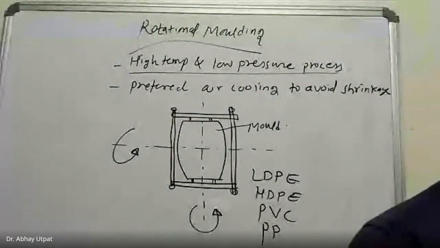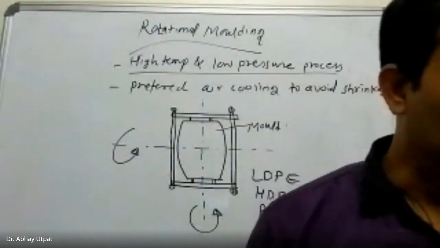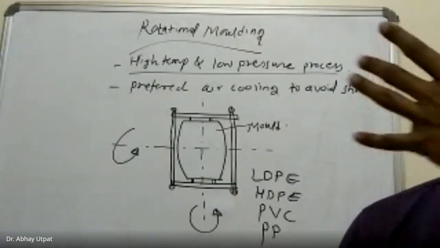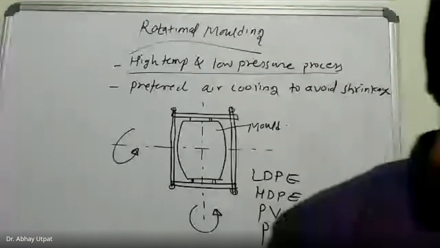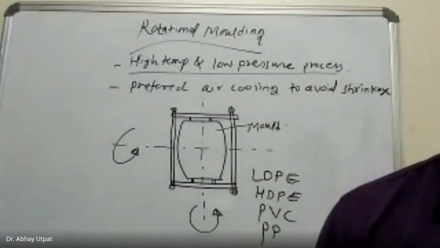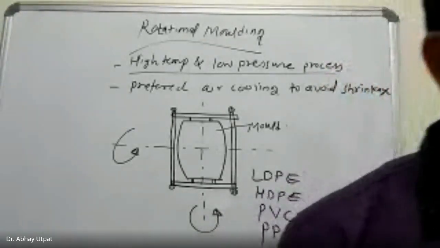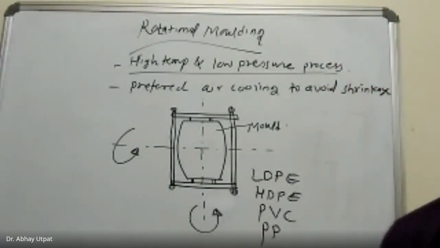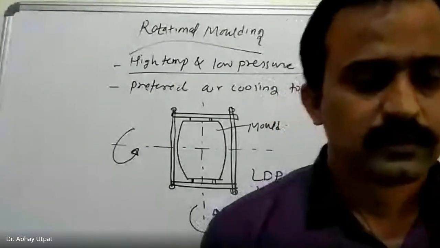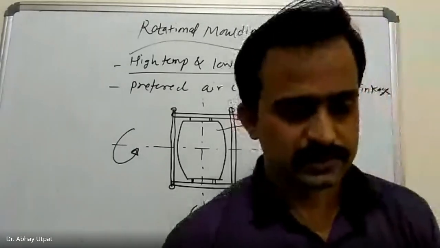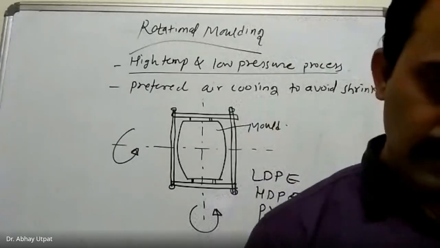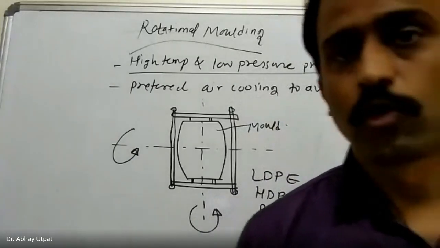Now make a star mark, next line. Rotational molding is used for making a number of components such as storage tanks, bins, containers, aeroplane parts, road divider cones.